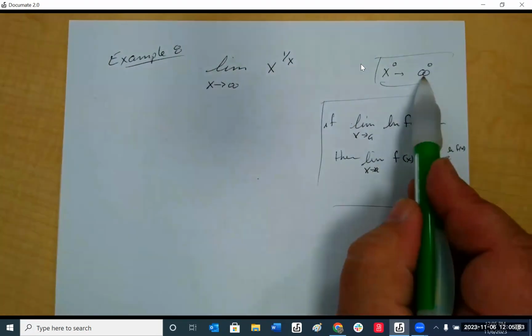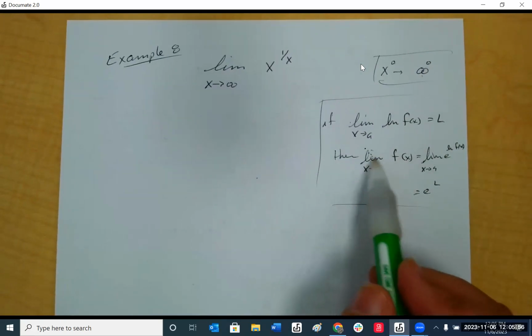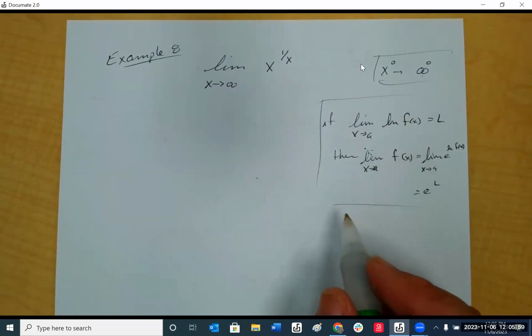Because our form is infinity to the power 0, that means we have to use this formula. It's an indeterminate form of that.